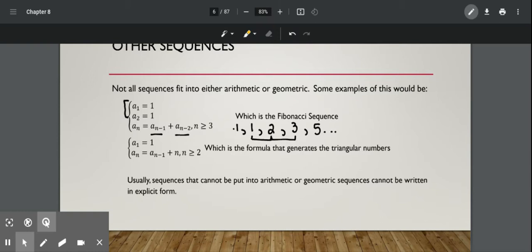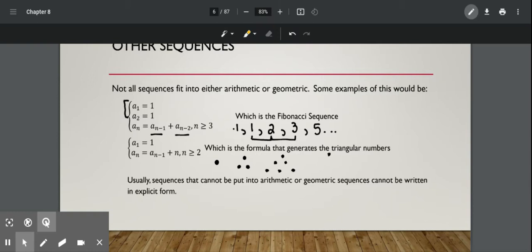And then you have another formula that generates triangular numbers. What a triangular number is: your first term is 1, your next term is 3, your next term is 6, and it forms these triangles.